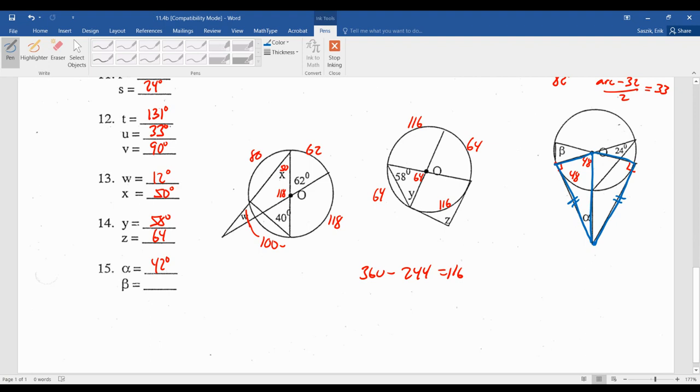There's a bunch of different ways to get these triangles congruent. So if this is 48, so is that. Makes this arc 48. And beta is an inscribed angle intercepting this 48 plus 48, intercepting this 96. So half of 96 is 48.